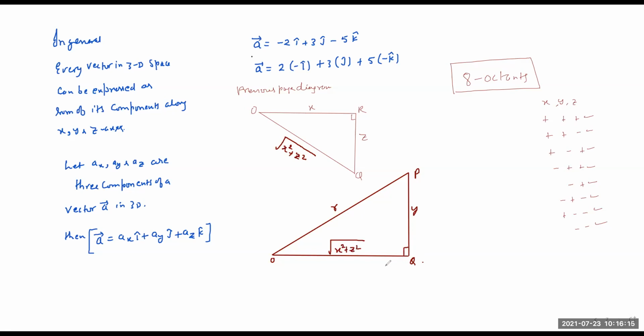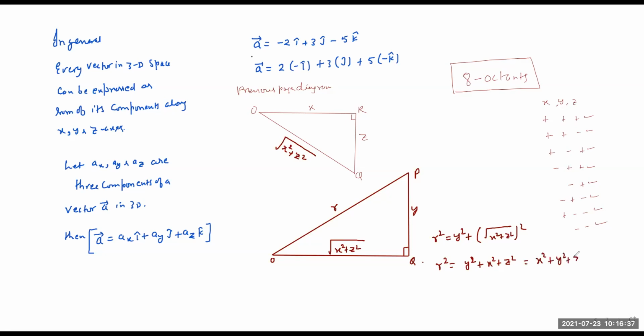But it is again a Pythagoras. So we can write R square equals y square plus whatever square. So R square equals y square plus x square plus z square, and it's pretty easy.